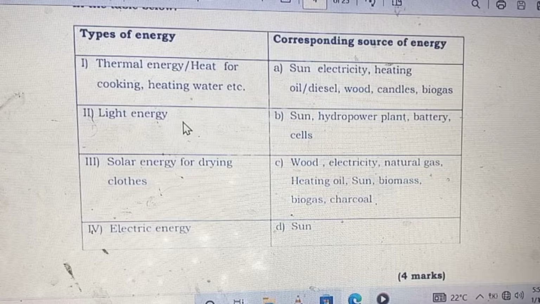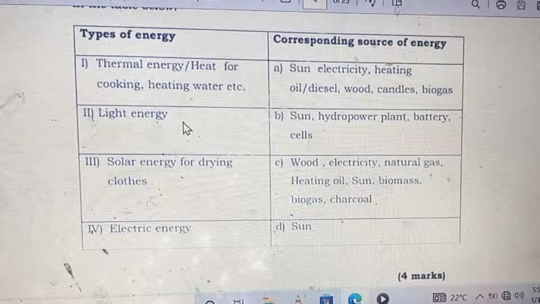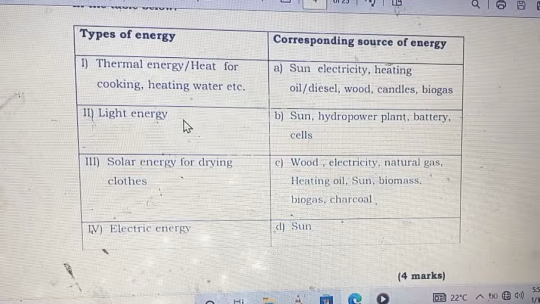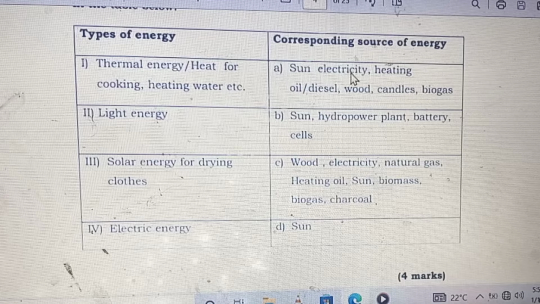II. Light energy. Match to the correct answer, A. Sun, electricity, heating oil, diesel, wood, candles, and biomass.